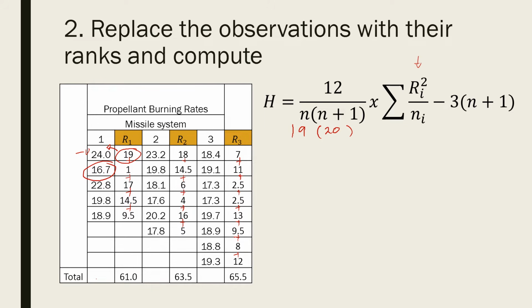That would be 61 squared divided by the number of observations in group 1, which is 5, plus 63.5 squared divided by the number of observations in group 2, which is 6, plus the total rank of group 3, which is 65.5 squared divided by the number of observations for group 3, which is 8.